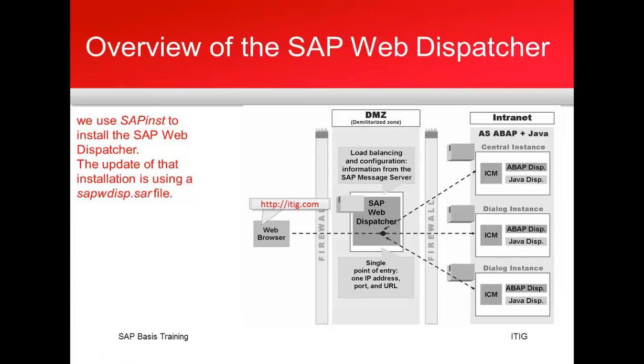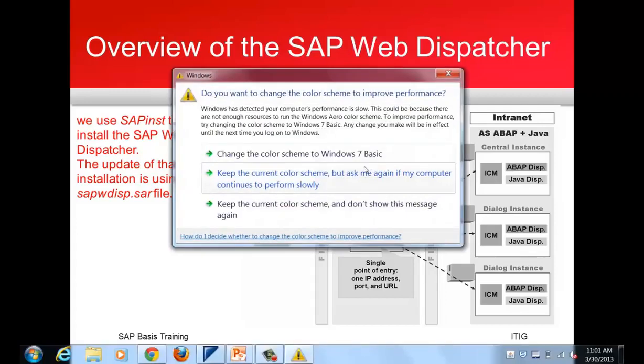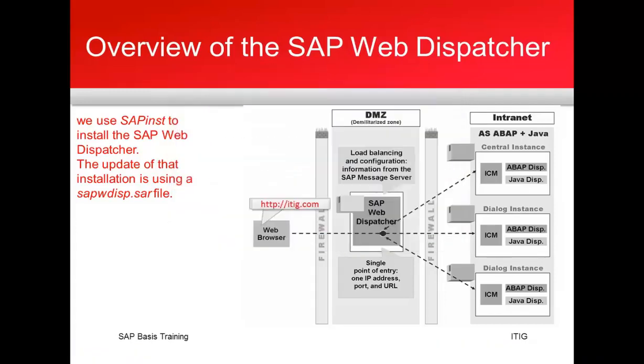Normally it is created just to hide our main servers, like main SAP systems, behind another layer of firewall. So that is the objective of the demilitarized zone, so that in case someone tries to hack, they will have to go through one additional layer of firewall. Okay, so that is about the DMZ.